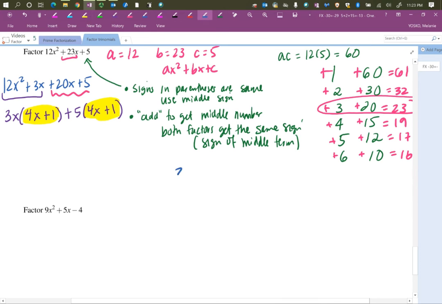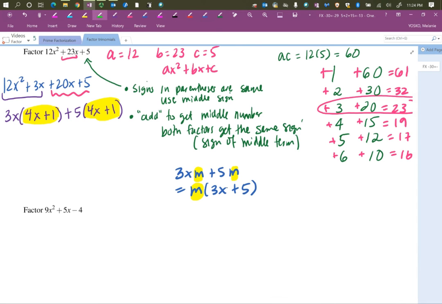So look over here, if you had 3x times m plus 5 times m, and they both had an m in common, you could factor out an m. And you'd say m times what is 3x times m? 3x. And m times what is positive 5m? You get 3x plus 5, right?